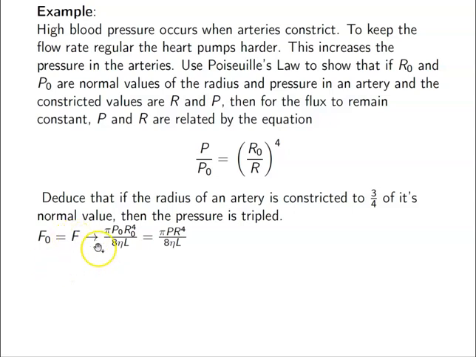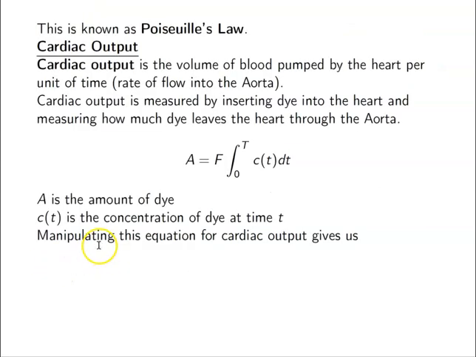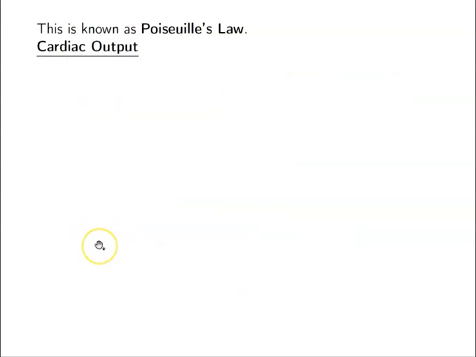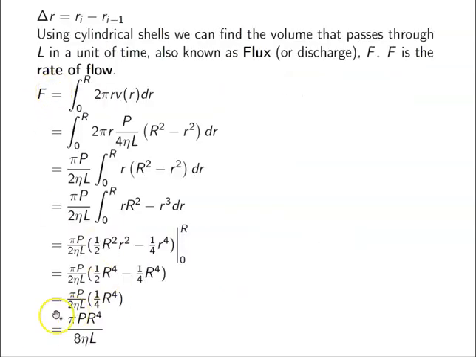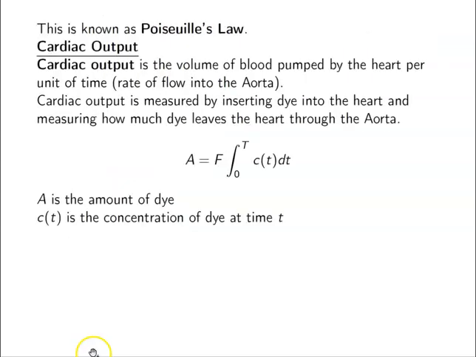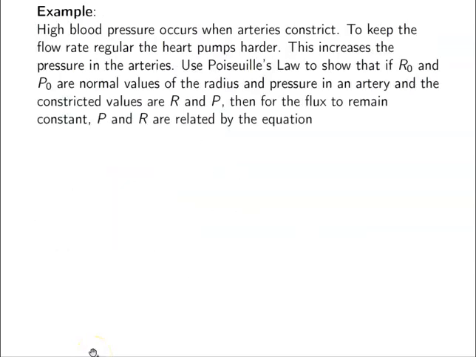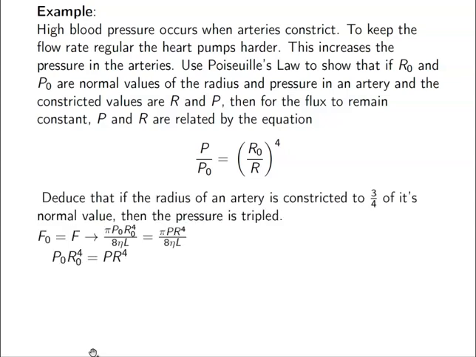So if I just substitute in those values, we have this formula for F that we derived through a tube, inner radius R, length L, and so we're just going to substitute that. Here we go. So it's pi P R to the fourth over 8 eta and the length.